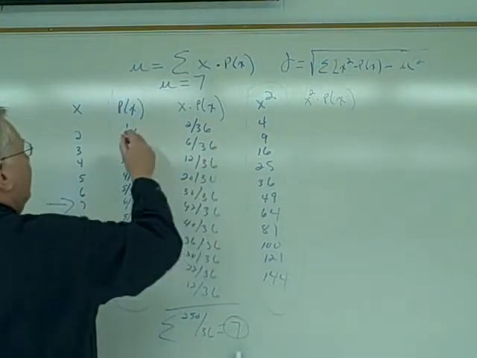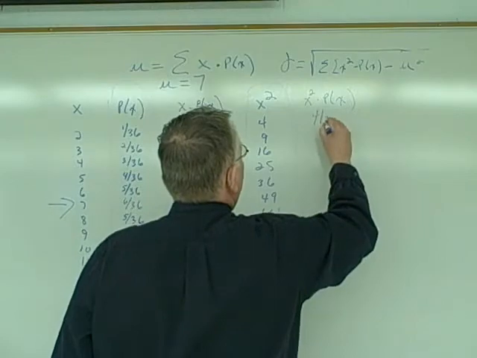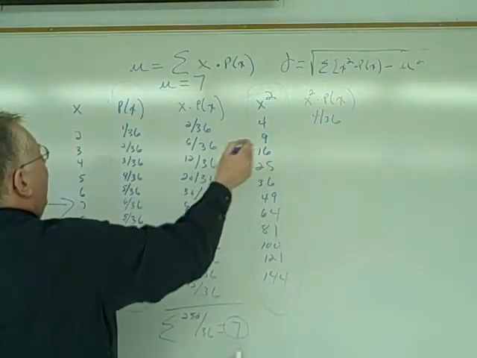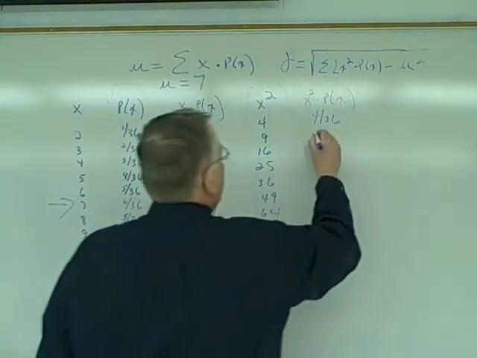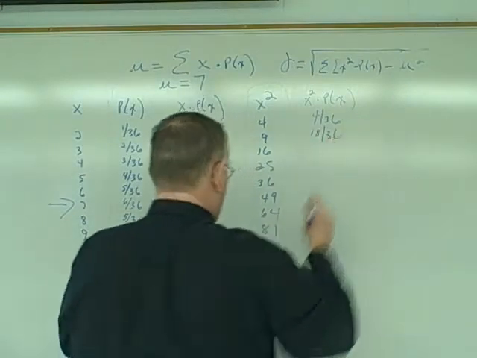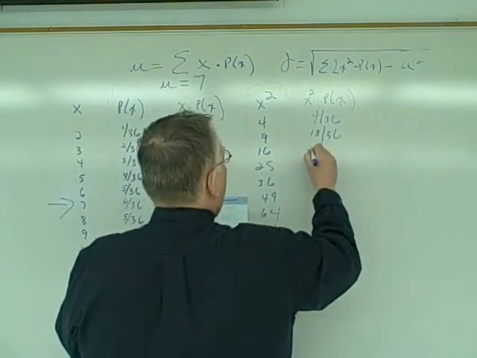In other words, 4 times 1 over 36, 9 times 2 over 36, and so on. I'm going to fill those in.